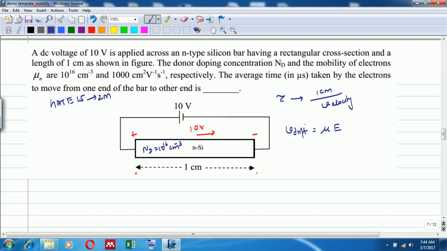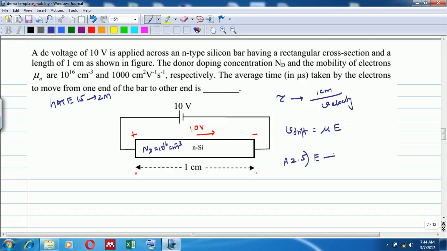So we know the mobility of the semiconductor. Electric field is not given directly, but you have to calculate it from this potential difference and the thickness of the semiconductor. So take this as an assignment question and solve this. Very similar to the previous question. Find out the electric field first. Electric field you find out, V by D. Then substitute this electric field here.